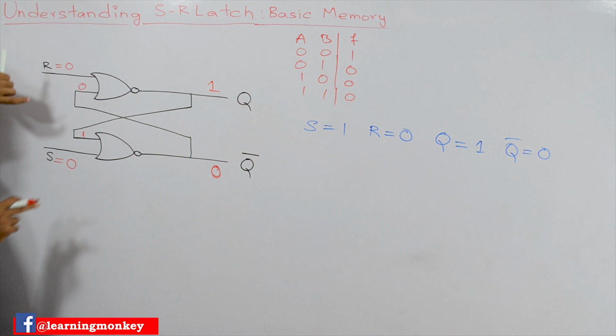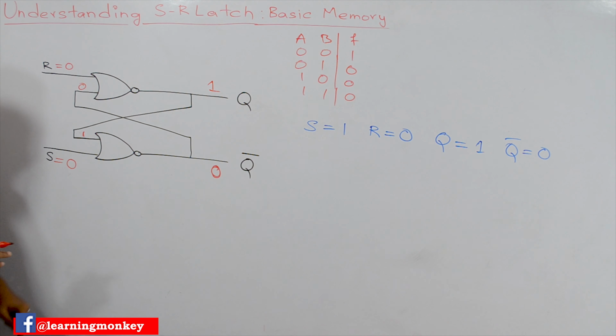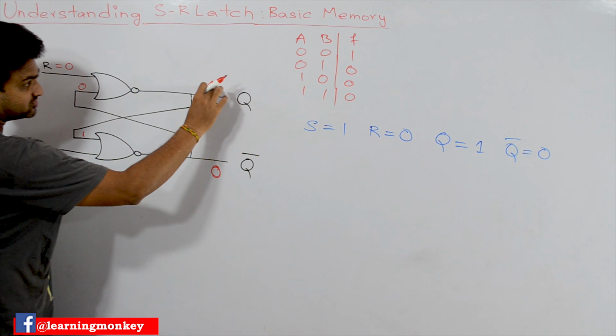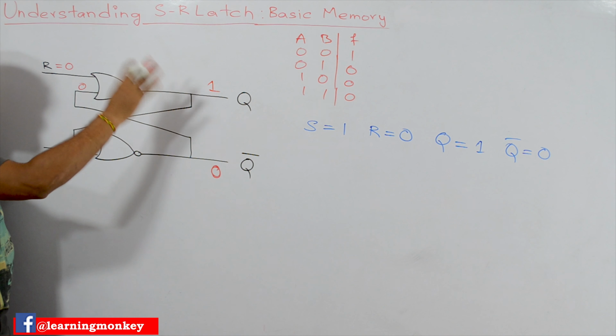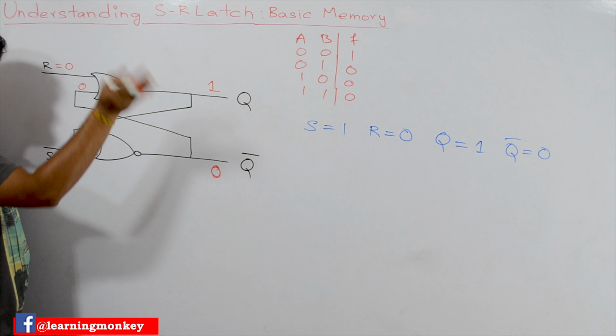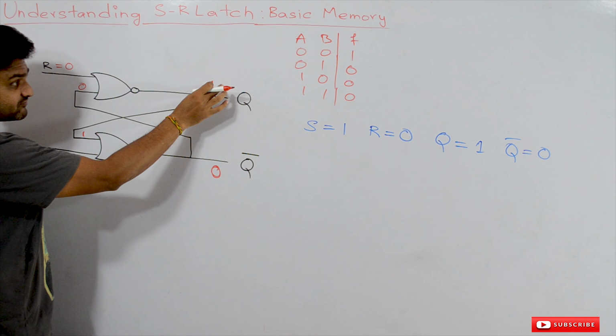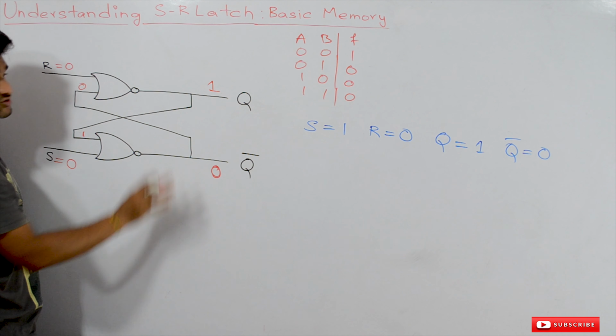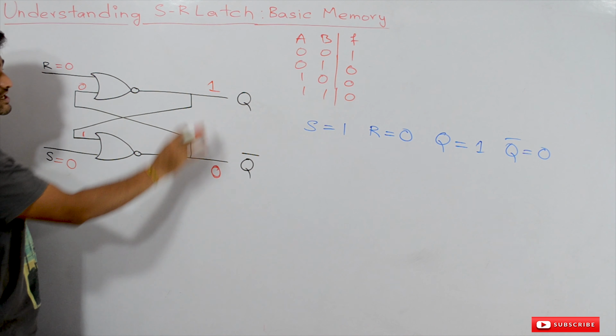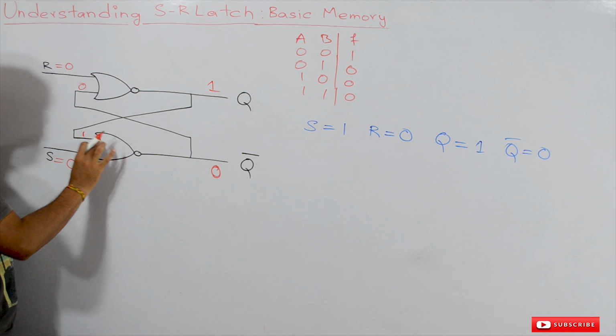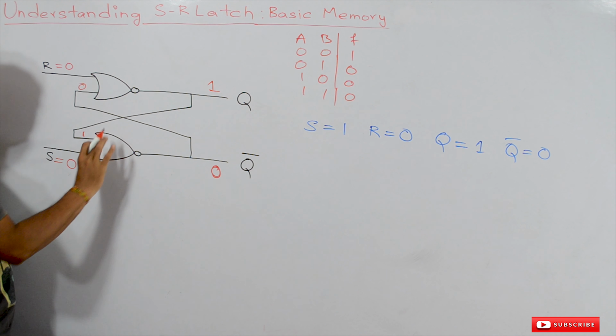When we provide 0 0, what happens in the circuit? See here, the values here are already there. In the previous input provided, we produced 1 and 0, so these will stay as they are. Now they are provided as feedback to this gate.